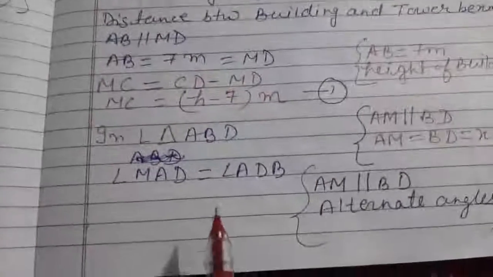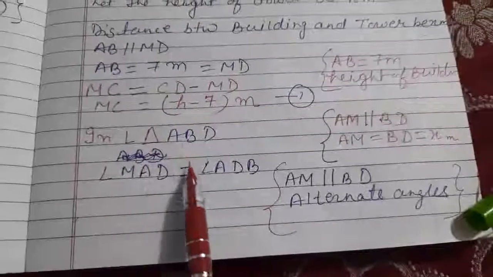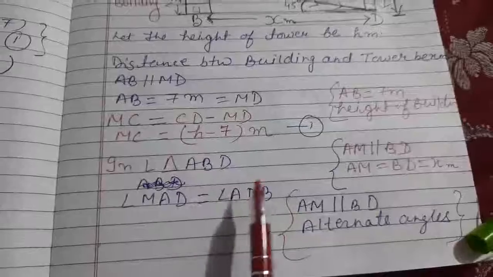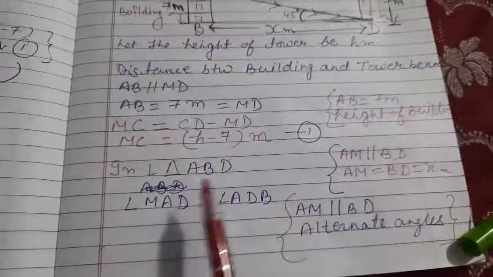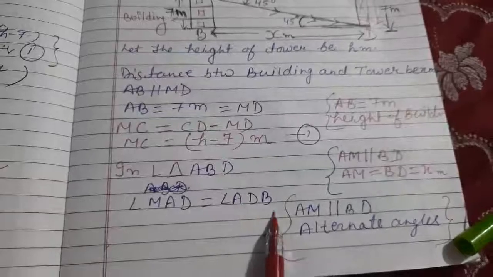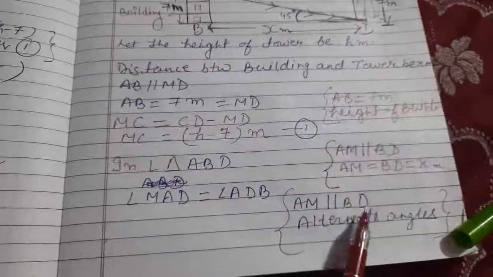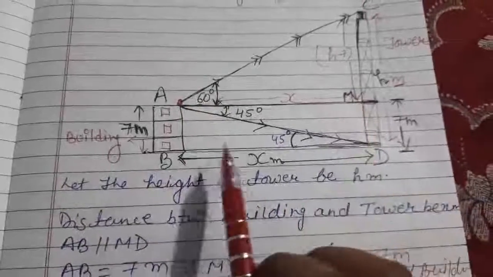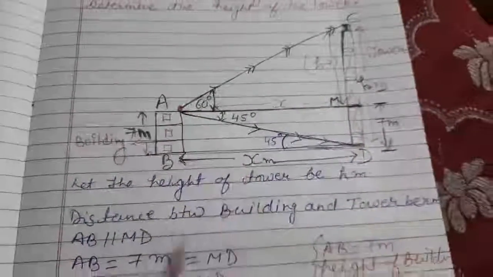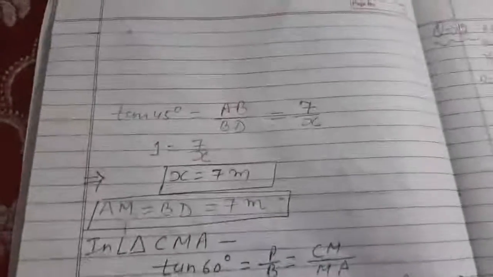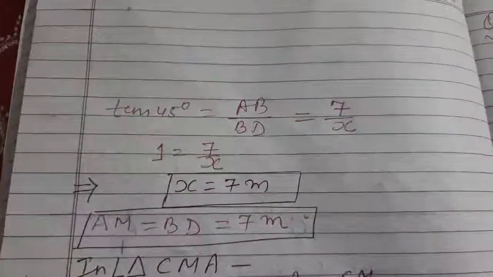Now first we will see the triangle ABD. As I mentioned, angle MAD is equal to angle ADB, since AM is parallel to BD, so the alternate angle is forming over here. Now first we will apply tan 45 degree.